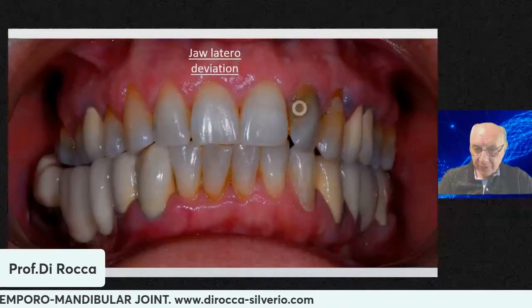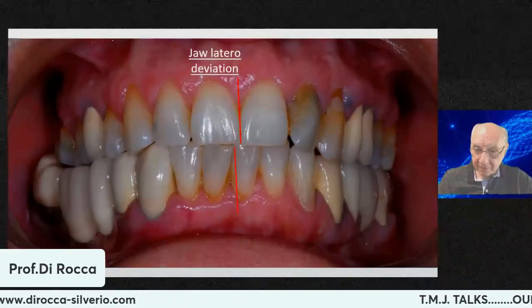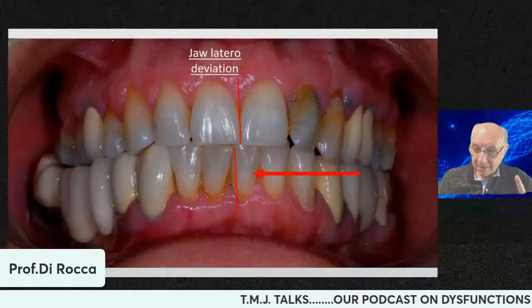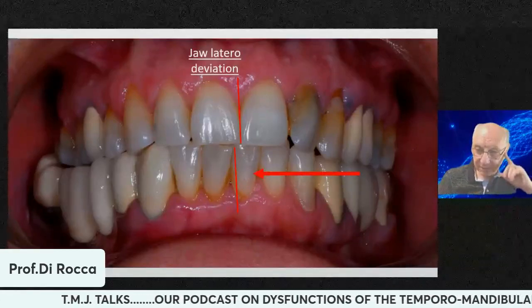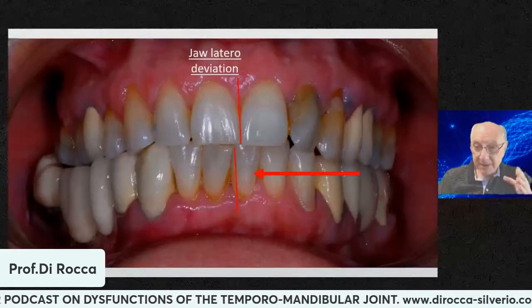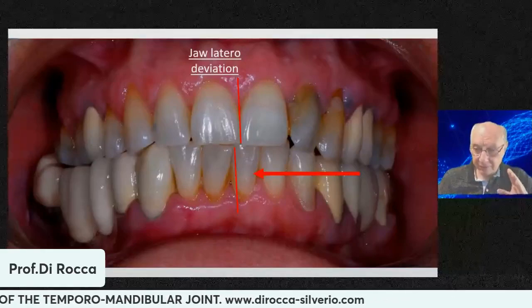Jaw lateral deviation, you see there, blocked by the occlusion. This is making compression into the joint and is affecting the joint, creating T.M.D, temporomandibular disorders.